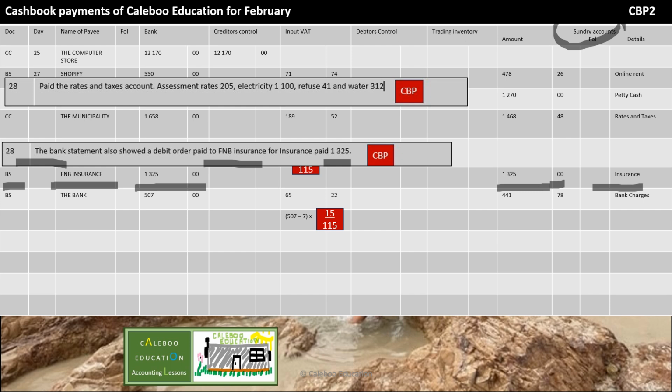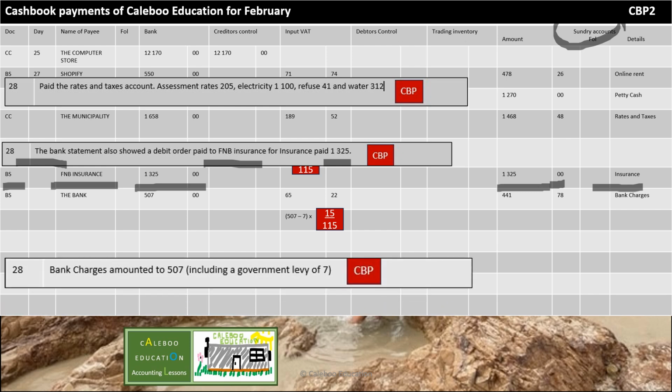And the last transaction that goes into the Cashbook payments for the month of February is bank charges. Right, the bank is in business to make a profit. When we transact with the bank, we are charged. So they're bank charges, and let's have a look what they are.